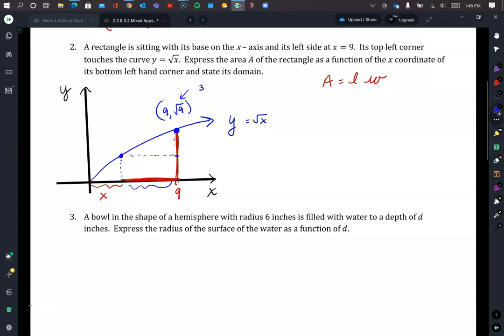And that way I can think in terms of the square root: if this one is x right here, this point is x, or actually I should write it over here, I'll write my x, that would be the point x, square root of x. Okay, so I wrote it like that. And this is going to be the width.